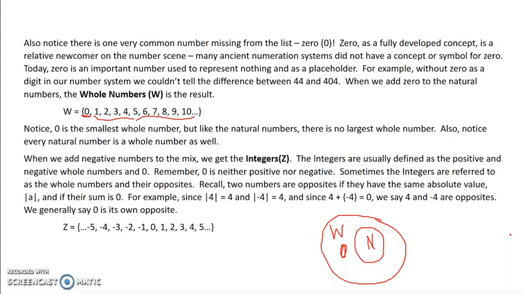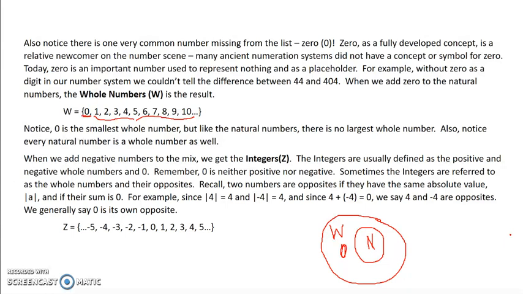So the integers are represented by a Z, and I'll tell you why that is in just a minute. But the integers are usually defined as the positive and negative whole numbers and 0. So remember, 0 is neither positive nor negative. Sometimes the integers are referred to as the whole numbers and their opposites.